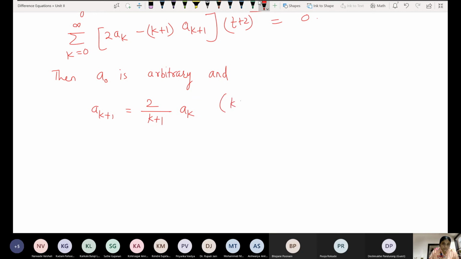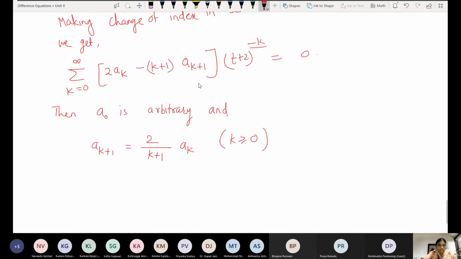For k greater or equal to 0. Is that okay? This whole summation is equal to 0, so this implies 2 times a_k minus (k plus 1) a_{k+1} must be 0. So a_{k+1} is equal to 2 upon k plus 1 times a_k.